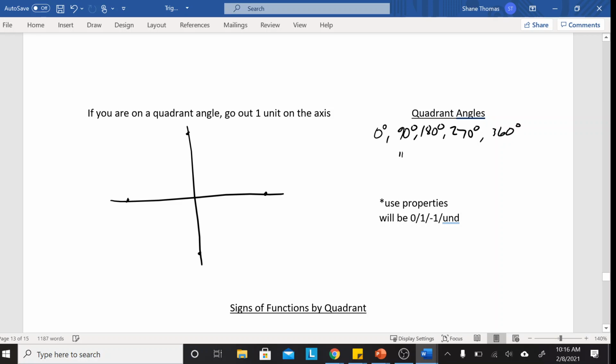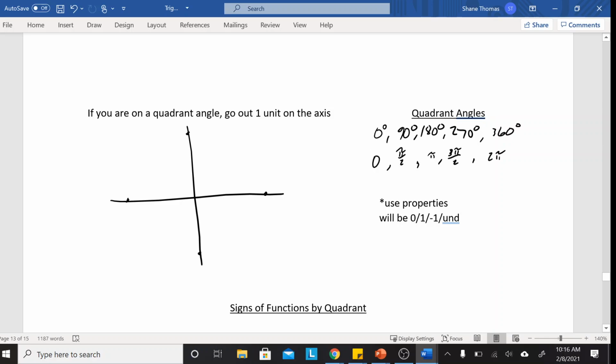In radians, we'd have pi over 2. We'd have pi. We'd have 3 pi over 2, and also 2 pi. Obviously, these all match up, and then still just pi, 0. All right, those would be what we call our quadrant angles. That's the ones that just fall on the axes.